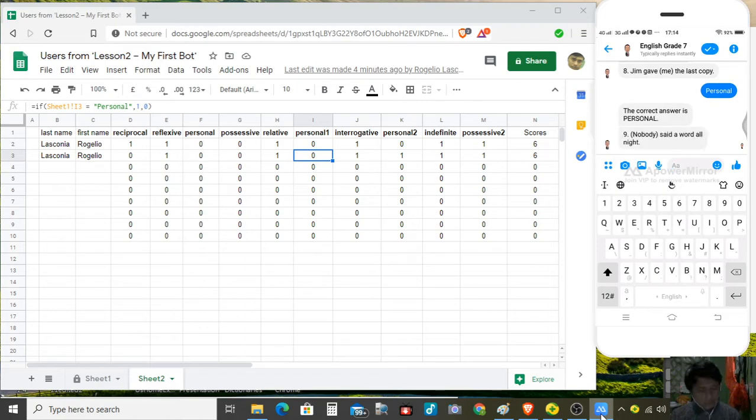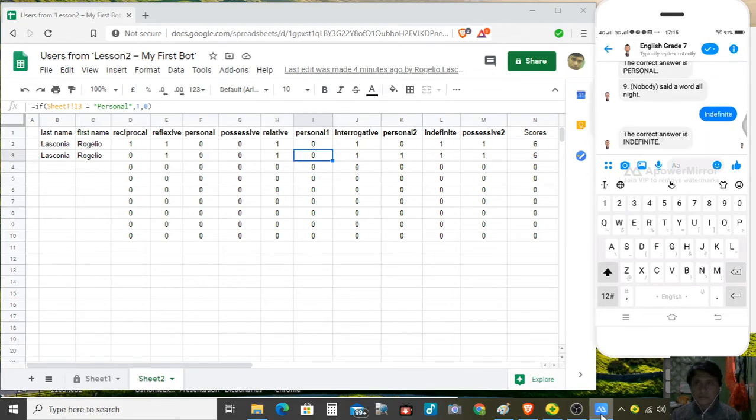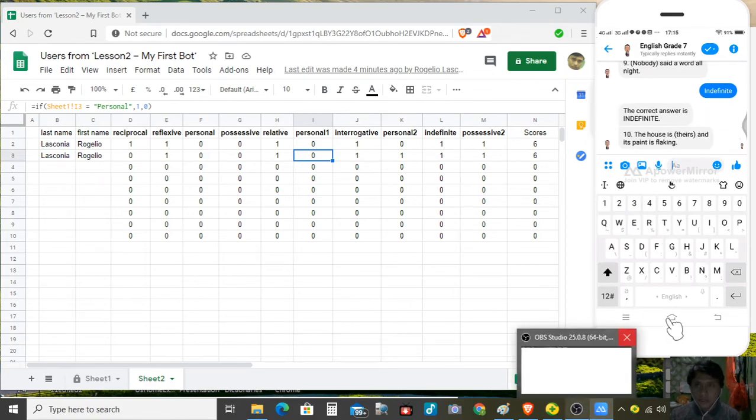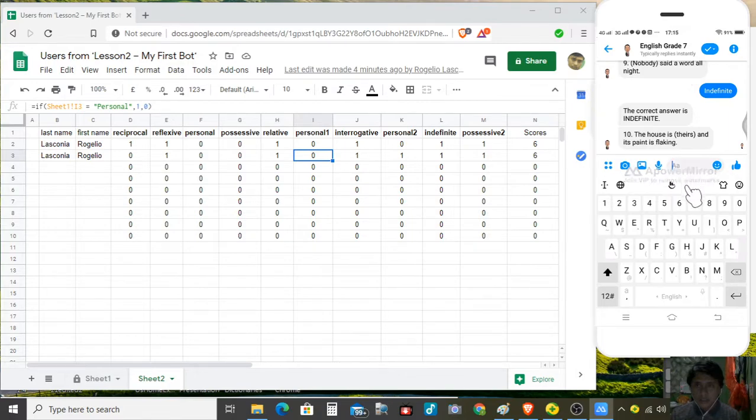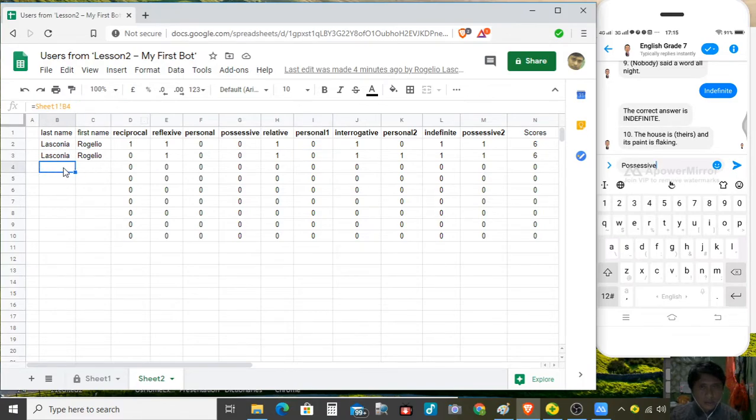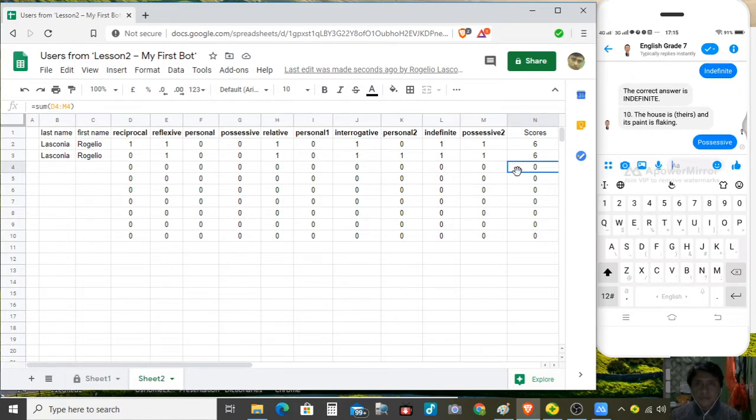In 9 we have indefinite. Okay, so we're now on number 10, which will be possessive. What we're most interested in is the scores, so we will wait here. Let us see. Okay, perfect score.